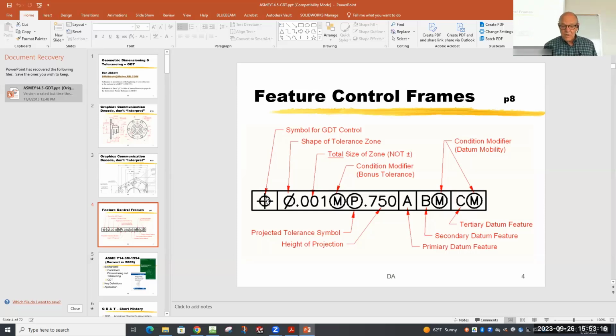So the positional tolerance on this has a zone that's cylindrical because the axis has to fit into a cylinder. Make sense? The size of that is quite small. In this case, it's 1/1000th of an inch. That's 1/3 the size of a human hair. You take your human hair, pluck it out, or a sheet of paper is about 3/1000th of an inch thick. So it's telling you there's a very tight tolerance on that.